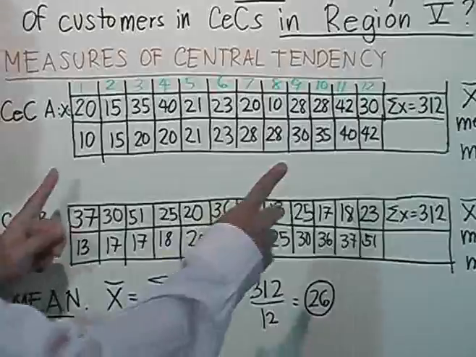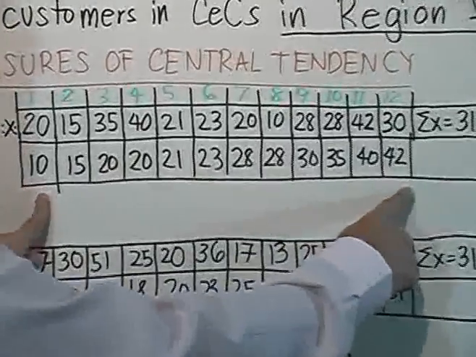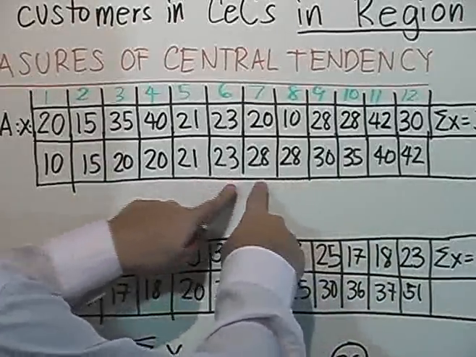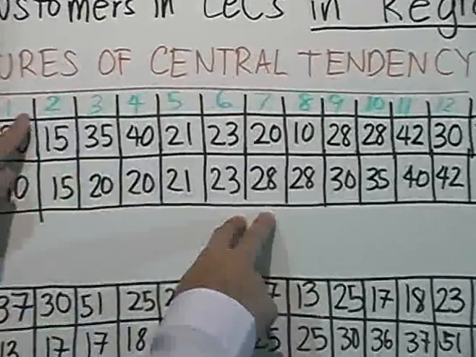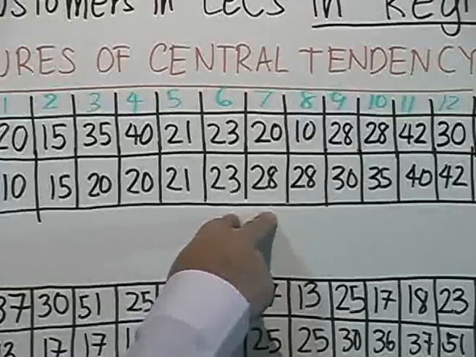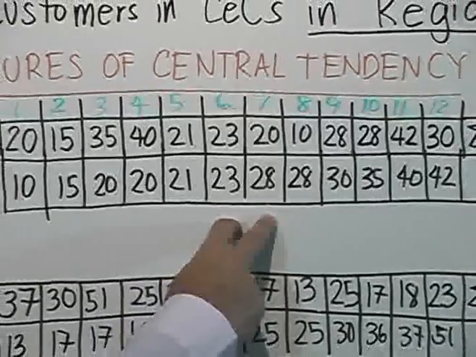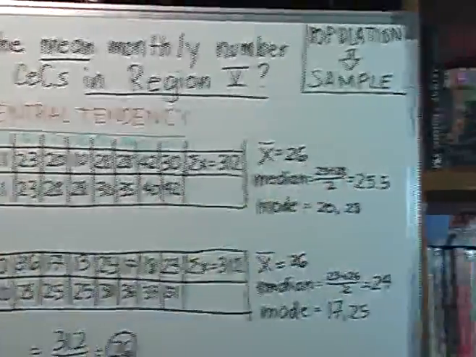One quick way of getting the median, once you've already ordered your values, is to go from the edges to the center. Since our total number of values is an even number, 12, you will end up with two middle values, 23 and 28 in this case. So you have to get the average of these two numbers, 23 plus 28 divided by 2.